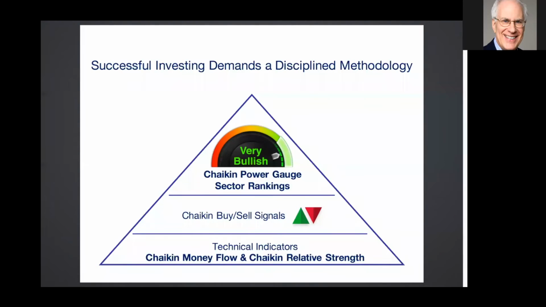At the bottom of the pyramid, 2 technical indicators, Chaikin money flow, which I think all of you are familiar with, and Chaikin relative strength, which is a very visual way to look at how a stock is performing relative to the market. In the middle, the sweet spot are the buy and sell signals. But this can be really simple.